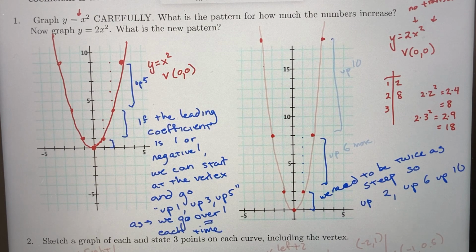Sure enough, this one is up 10. Up 10 more, not up to 10. Okay. Up 2, up 6 more, up 10 more, if we're going to plot points like that.